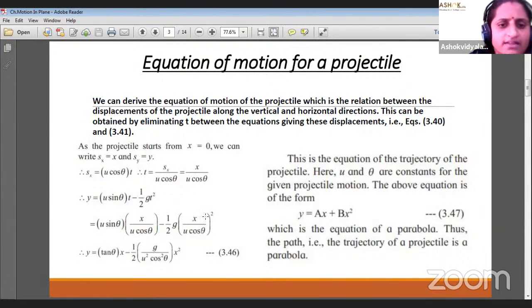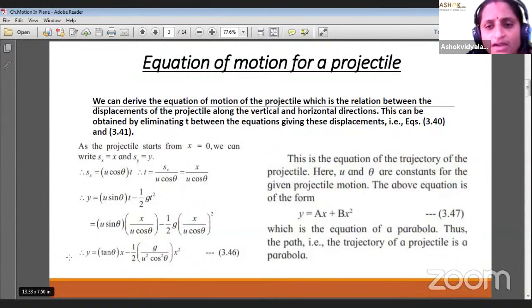Now the terms cancel. Sin theta upon cos theta is tan theta, so we get y equal to tan theta into x minus half g upon u square cos square theta into x square. And this is the equation of the trajectory of the projectile.